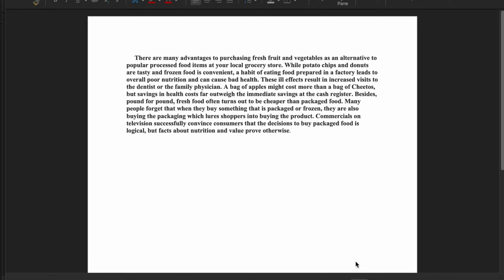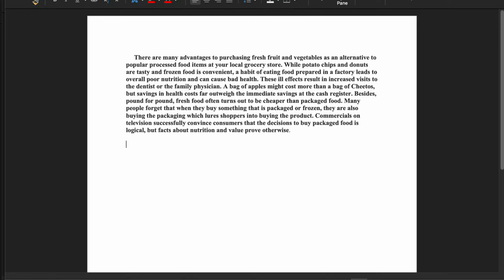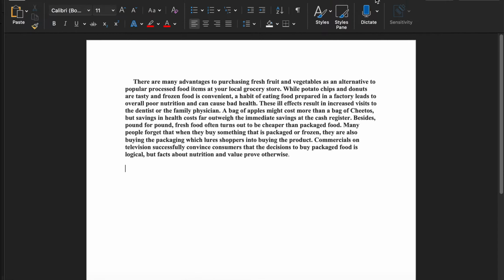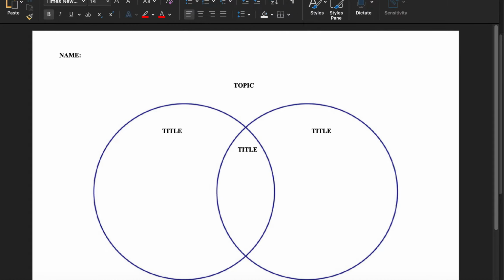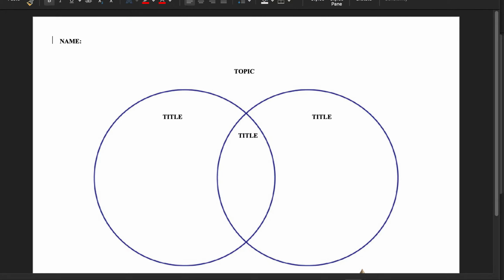In breaking it down, we're going to take a look at some of the other resources that we can use to write a compare and contrast paragraph of our own. A lot of times, starting a compare and contrast of any kind, it's good to start off with a Venn diagram. This is just a document that helps us compare two different things.